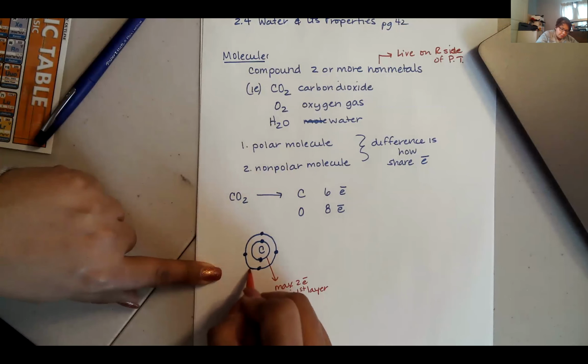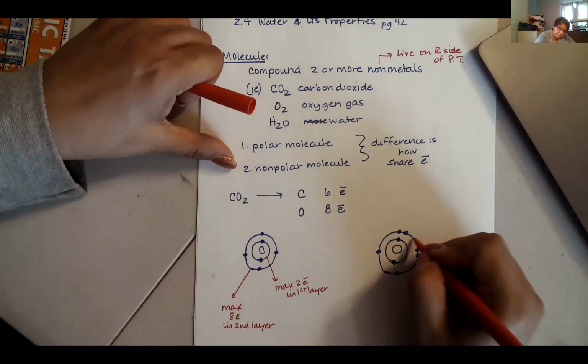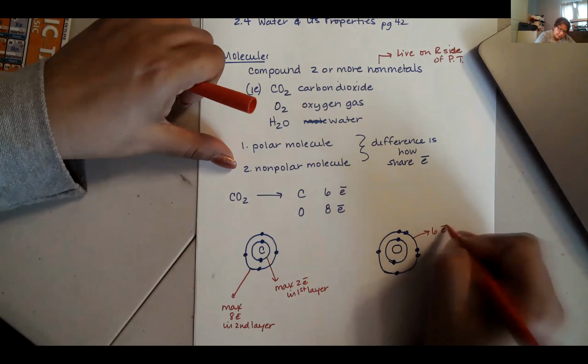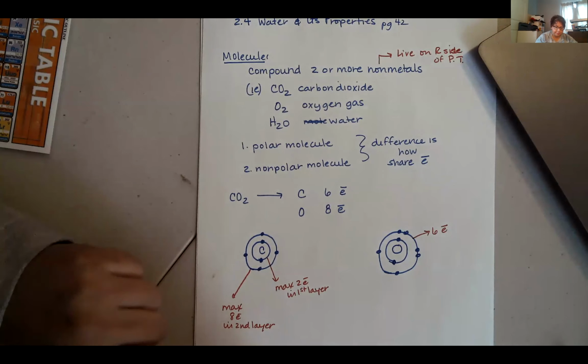When I look at oxygen by itself, similar arrangement. That's the nucleus, 2 in the first layer, and then it has 6 in the outer layer.